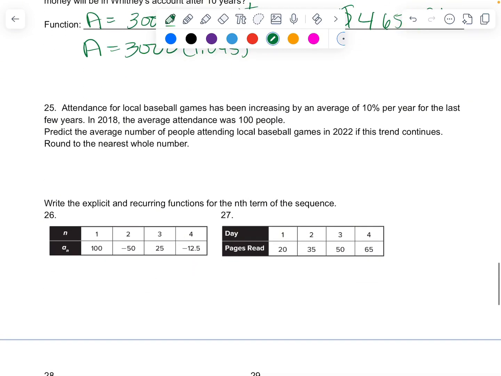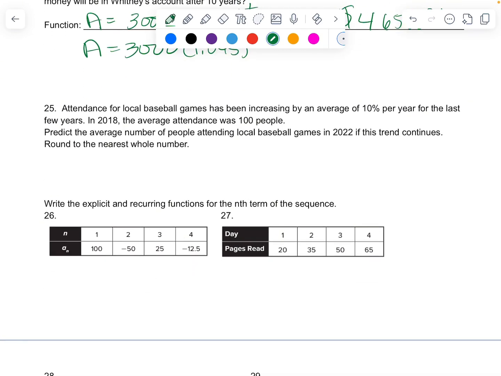Attendance for the local baseball games has been increasing by an average of 10% per year for the last few years. In 2018, the average attendance was 100 people. We're talking about people, boys and girls. So that means y is going to equal 1 plus our rate raised to the t.